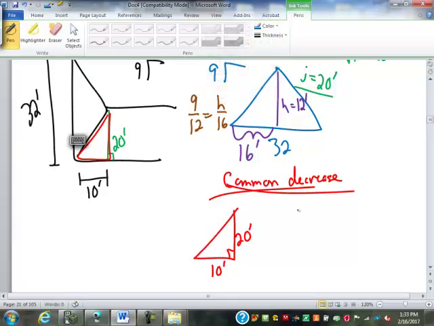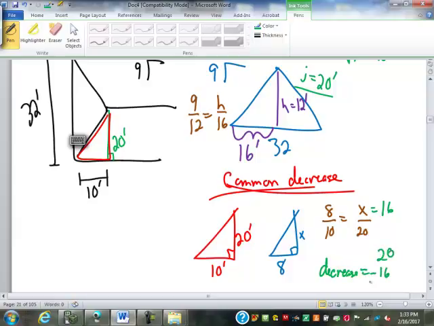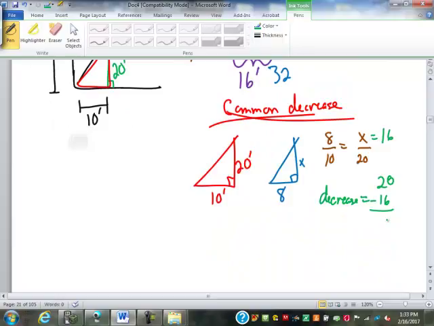Next triangle is 8 and x. 8 over 10 equals x over 20. Guess what? x is 16. The decrease is 20 minus 16, or exactly 4 feet.